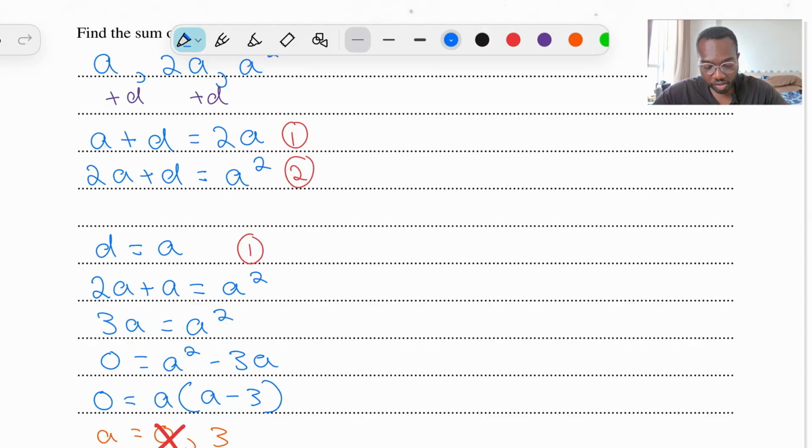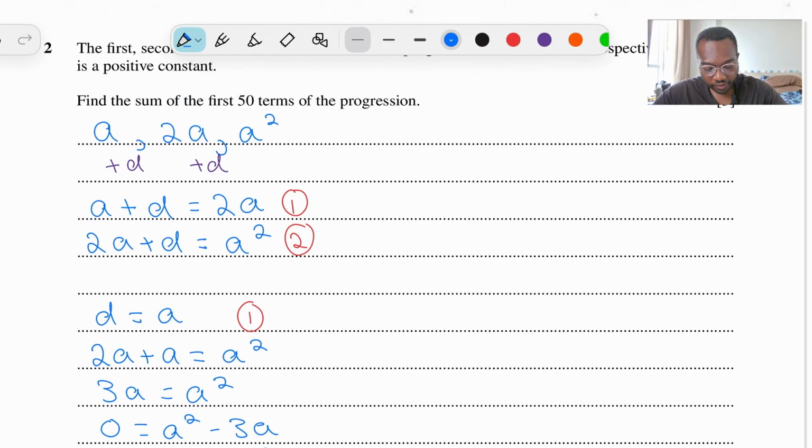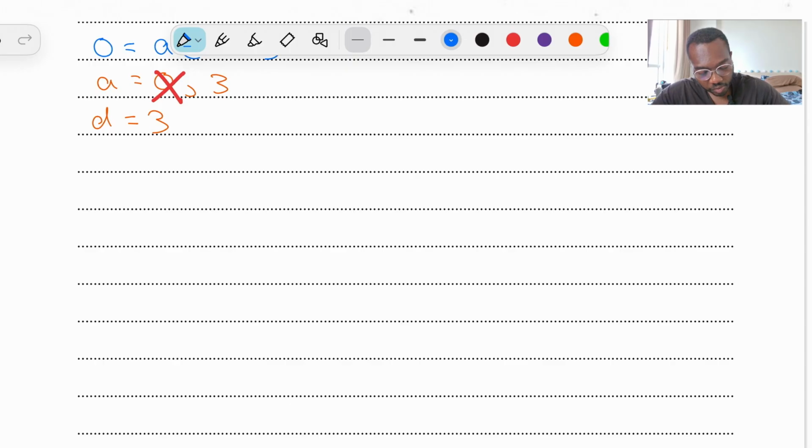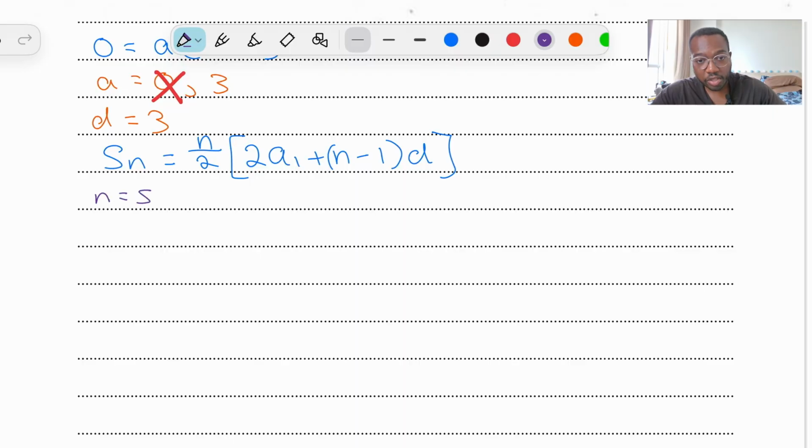So now what we need to do is work out the sum of the first 50 terms of the progression, which we can now do, okay? Because the sum of an arithmetic progression is n over 2 times a1 plus n minus 1 d, okay? And we know what n is, okay? We know that n is going to be 50, because we want the sum of the first 50 terms of the progression.